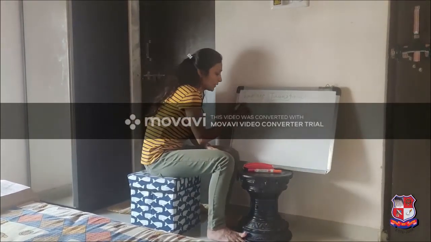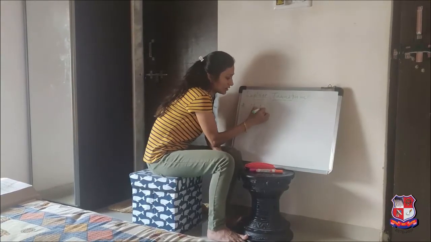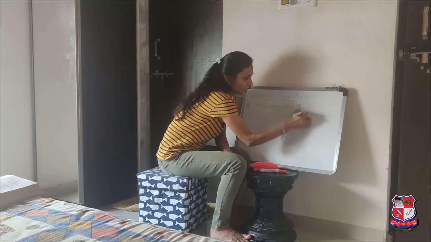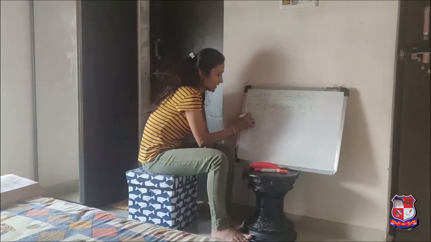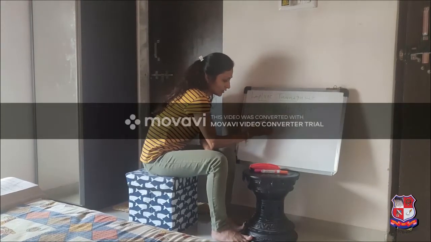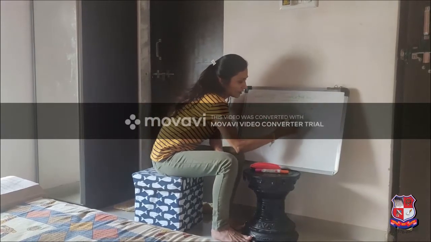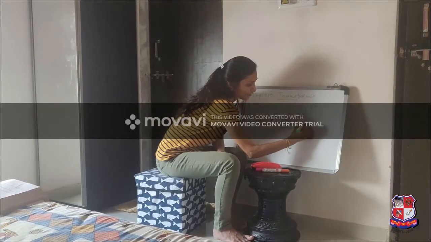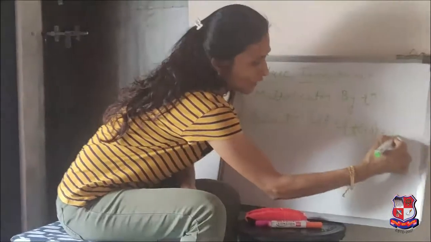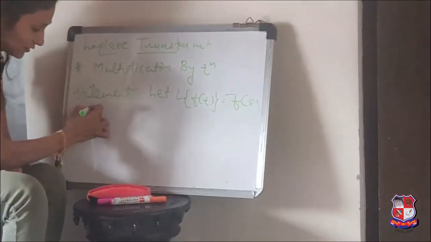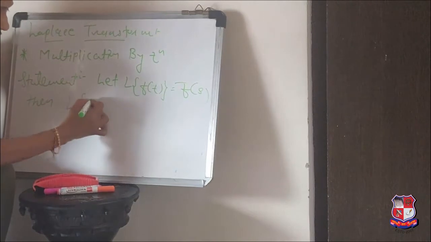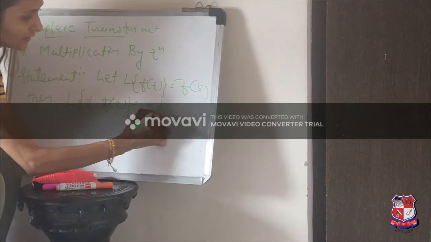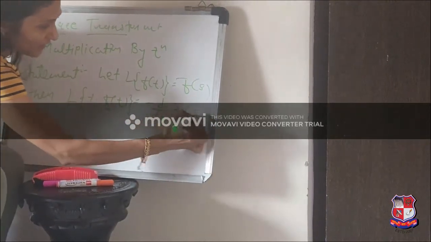Today we discuss the topic of multiplication by t raised to n. What is it? Its statement is: let L of f of t is equal to f bar s, then L of t into f of t is equal to minus d by ds f bar s.